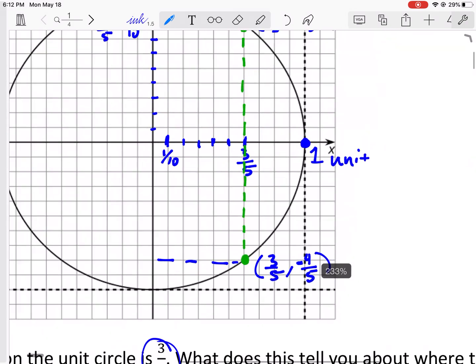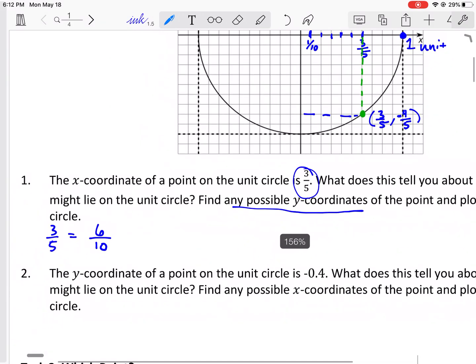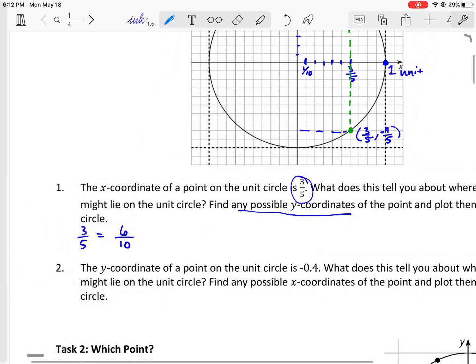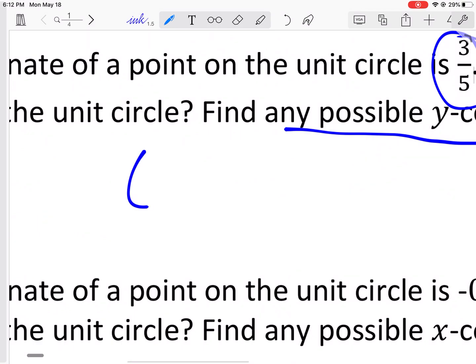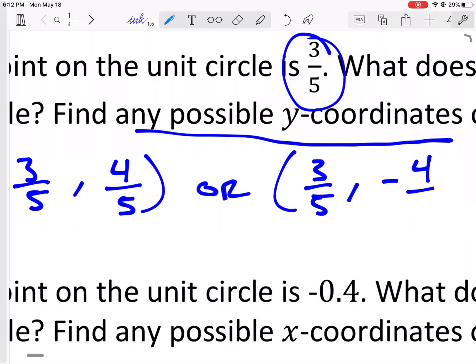It's just in the opposite direction. We have this symmetry involved in circles. Everything kind of reflects. So any possible y-coordinates of the point would be 3/5, comma 4/5, or 3/5, comma -4/5.